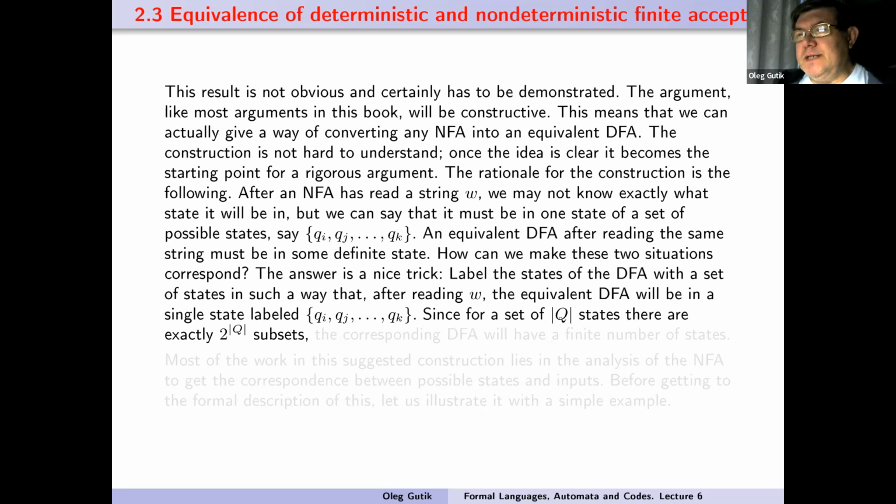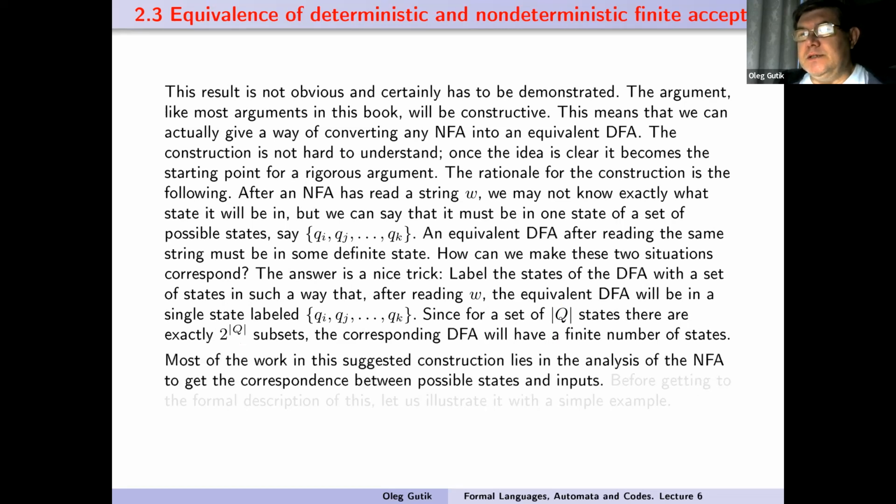For a set Q of states there are exactly 2 to the power |Q| subsets, so the corresponding deterministic finite acceptor will have a finite number of states.